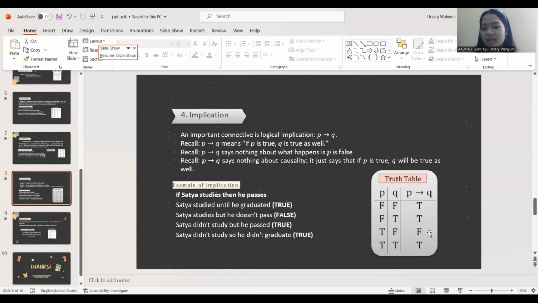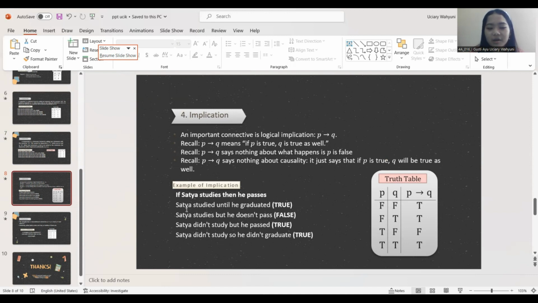Here we can see implication. An implication is false only if P is true and Q is false. Otherwise, true. Now we look at an example of implication. The sentence is, if Satya studies, then he passes.